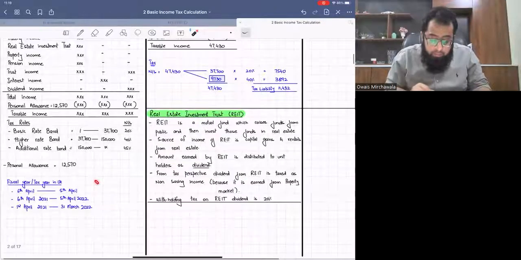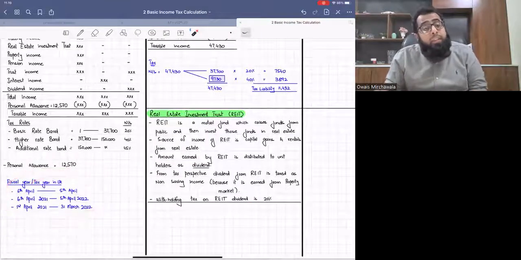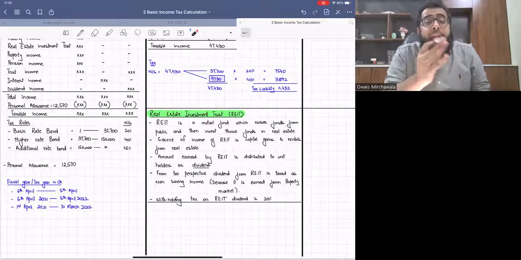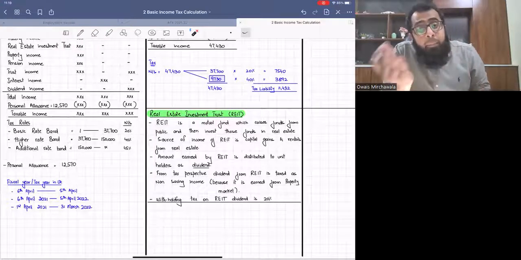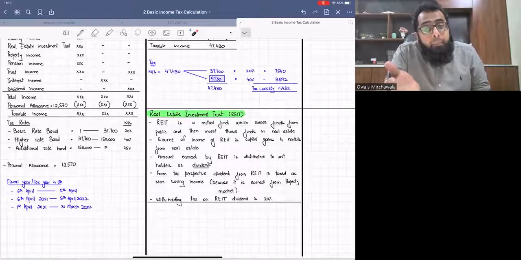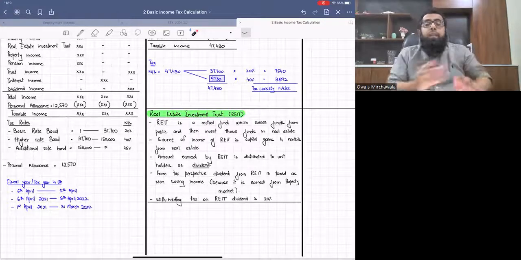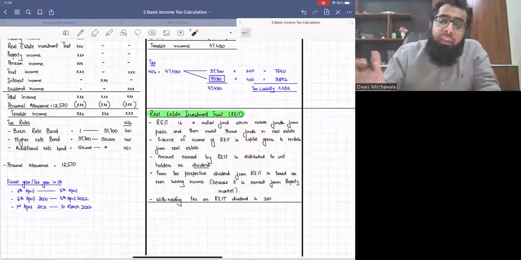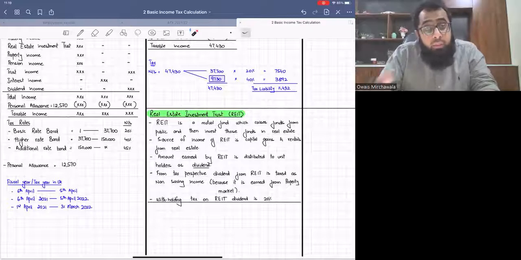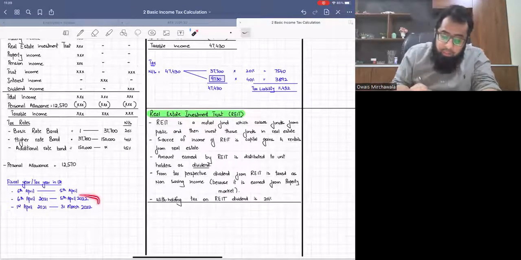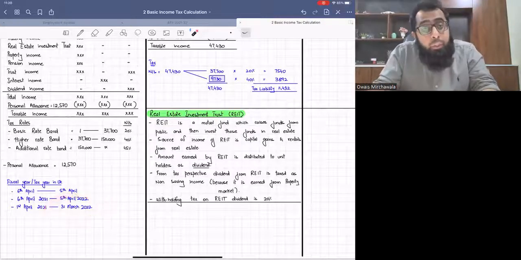The tax year for which we are doing discussion is normally from 6th April to 5th April. But for simplicity, the examiner says that you can write it as 1st April to 31st March. We are studying tax for the fiscal year ended 31st March 2022.